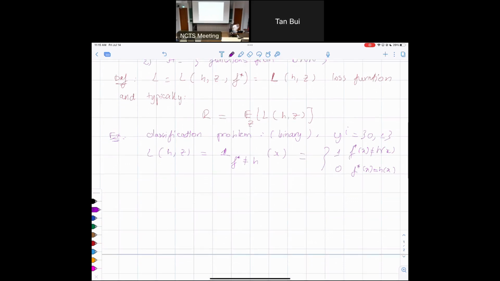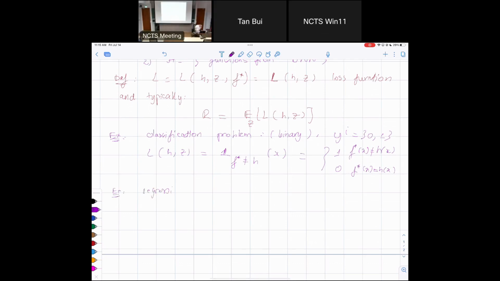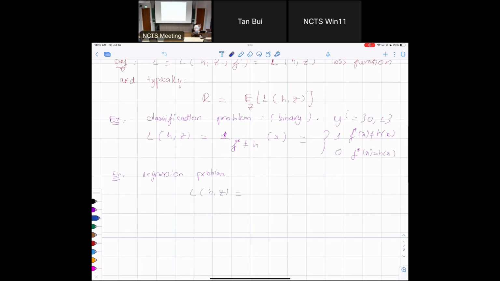Then let me also do the regression problem. This is by no means unique; there are many loss functions. In particular, the loss L(h, z) in this case is equal to the absolute value of f star of x minus h of x.